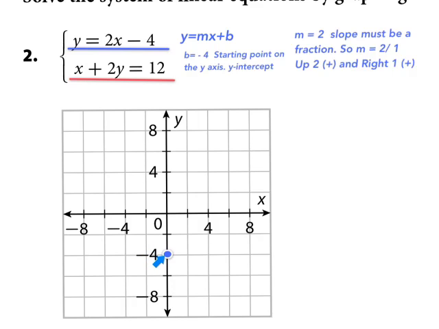So from the -4, I am going to move up 2 spaces since my graph is going by 2's, and I'm going to move over to the right once. So I need to put a dot here. Let's go do that. So here is my dot.